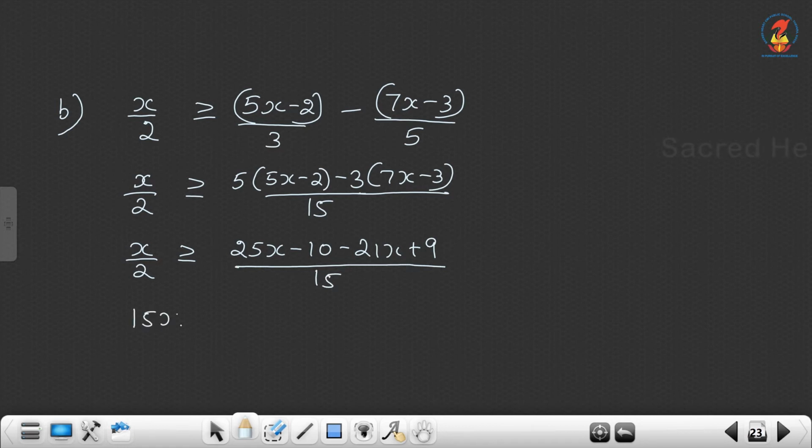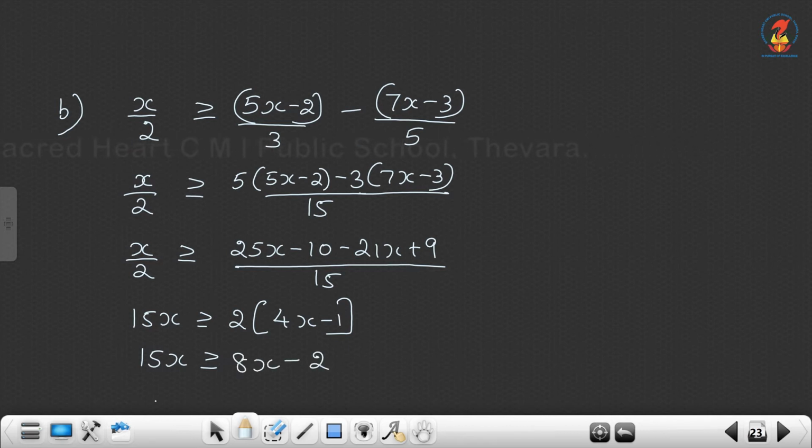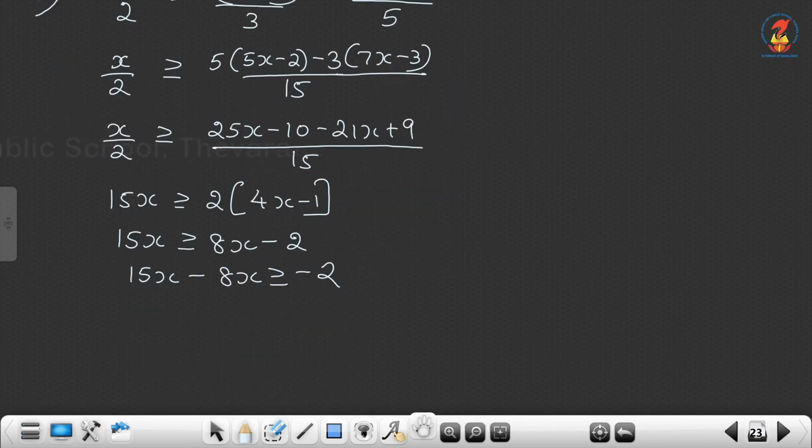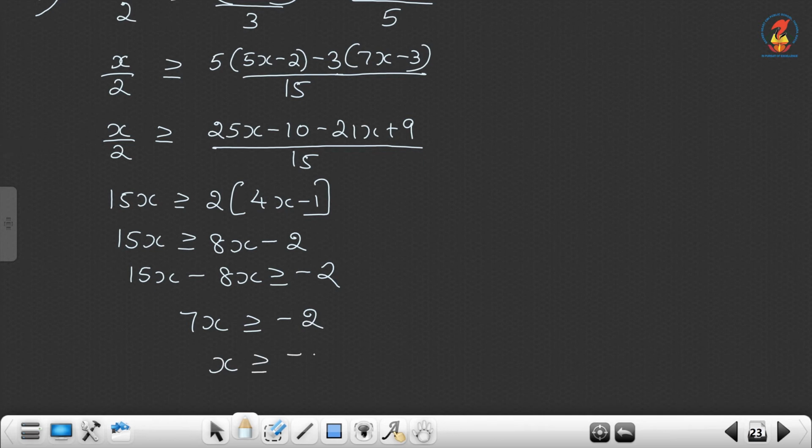Or 15x ≥ 2 into (25 − 21), that is (4x − 1). That is 15x ≥ 8x − 2. Or 15x − 8x ≥ −2. That is 7x ≥ −2. x ≥ −2/7.